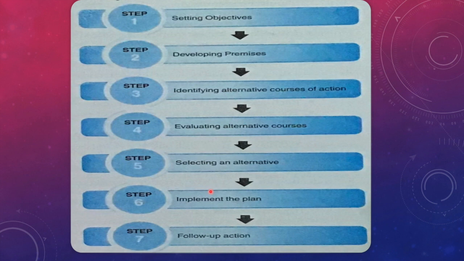And what you have to do, you have to frame your own planning where very clearly you need to state these 7 steps, and in front of these steps you will mention how you are setting the objective. So two things you have to do.